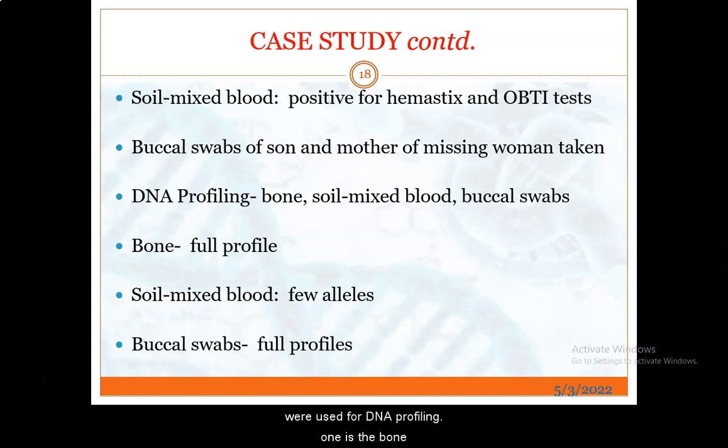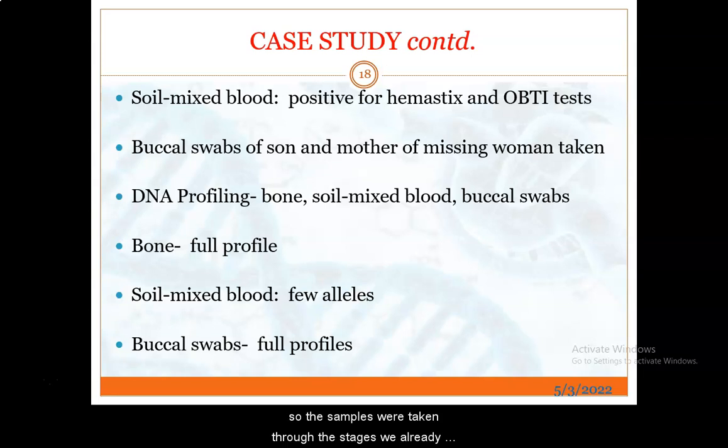One, the bone sampled by the pathologist. Two, the blood that has been mixed with soil, and then the buccal or cheek swabs taken from the son and mother of the missing one, in this case, the reference samples.